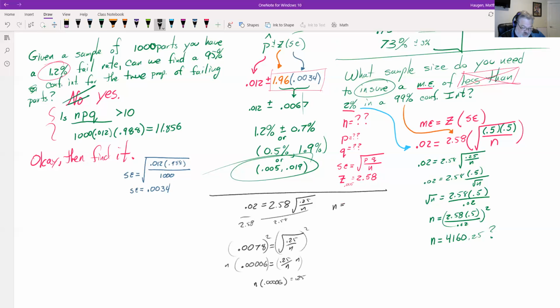So then n equals 0.25 divided by 0.00006. Yep. And you get about 4,000.